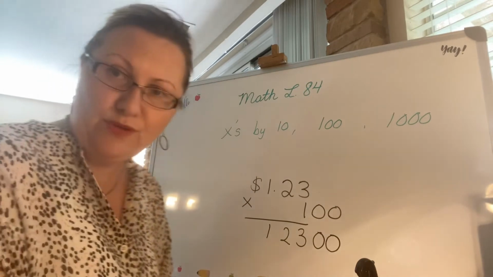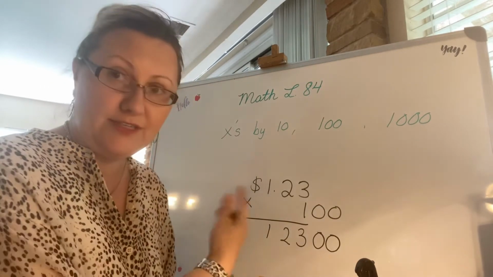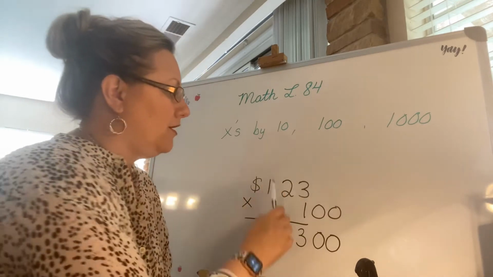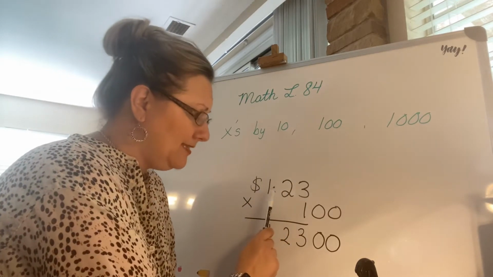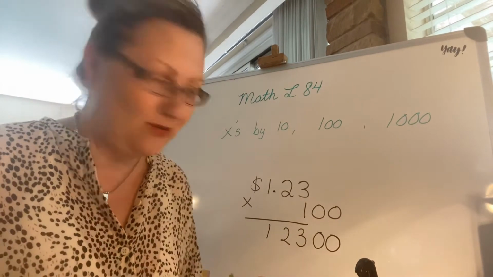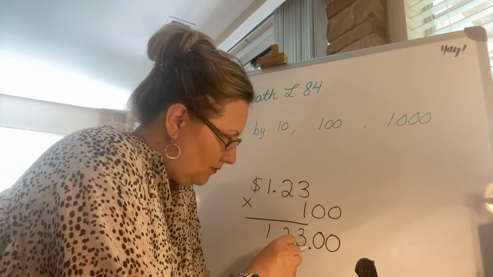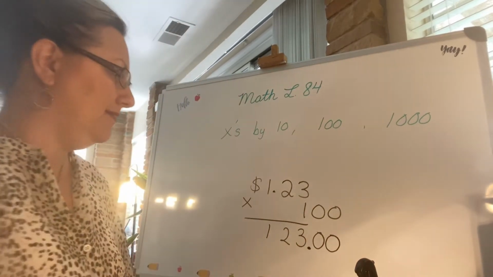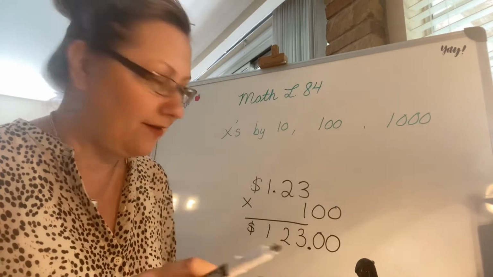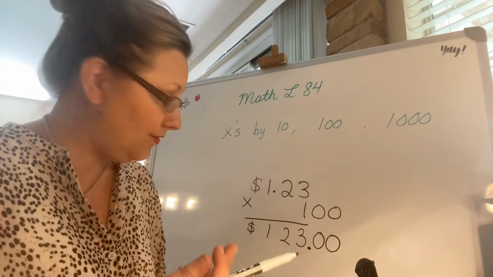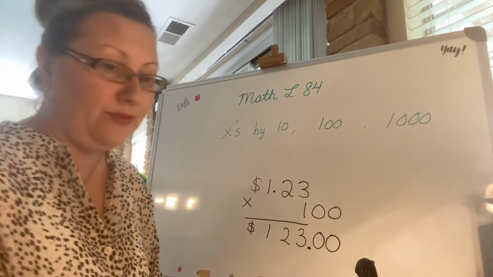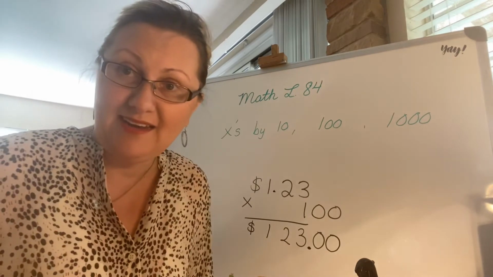And then, just like with all money that has dollars and cents, we check how many digits are behind a decimal point. In this case, there's 1, 2, as there always is when you have dollars and cents. So we put the decimal point right here. And the answer to $1.23, just a little more than $1, times 100 of those is going to be $123. So it's really not complicated at all.